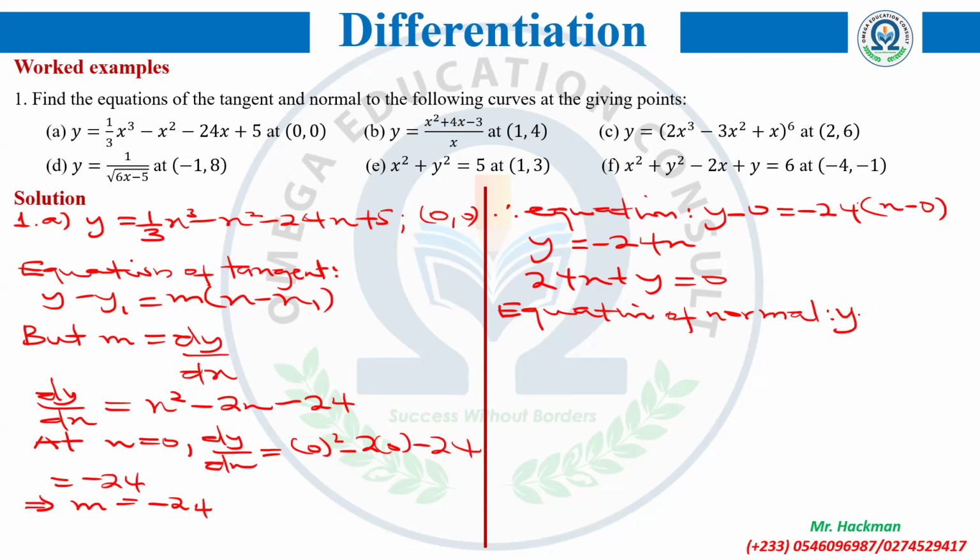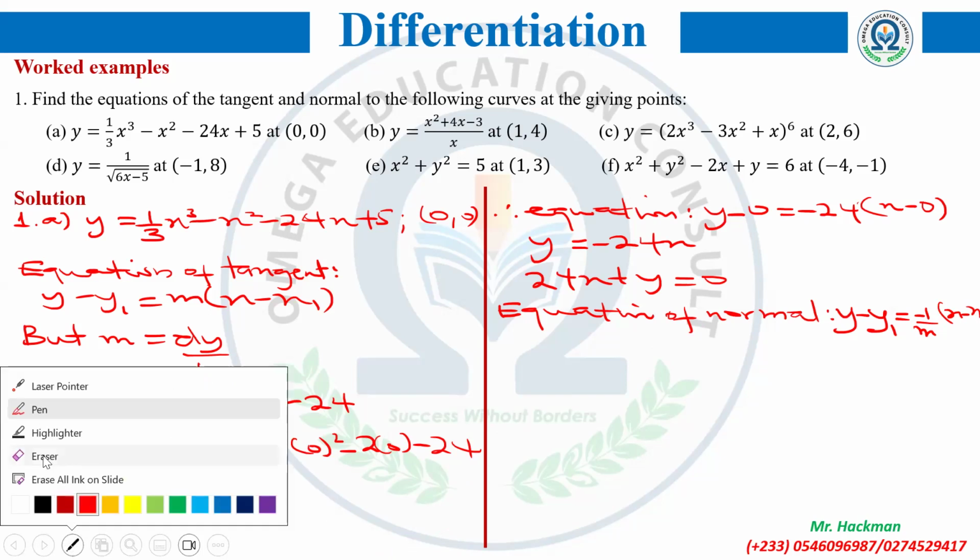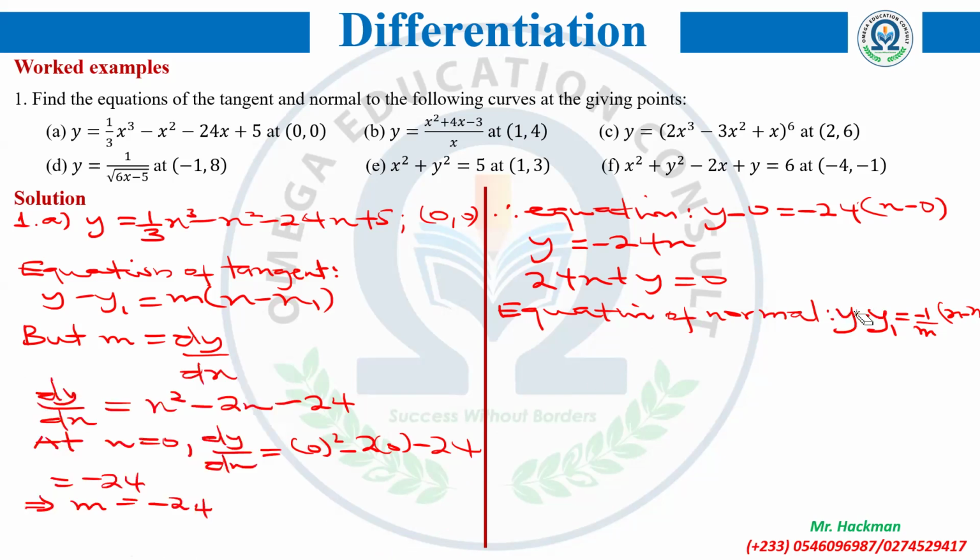I will make sure it will still be readable. y minus y sub 1 is equal to minus 1 over m into x minus x sub 1. Oops. Let me see if I can deal with it in a way. After all, it didn't help. I couldn't. So I will calm down. My professors, I hope you are with me.